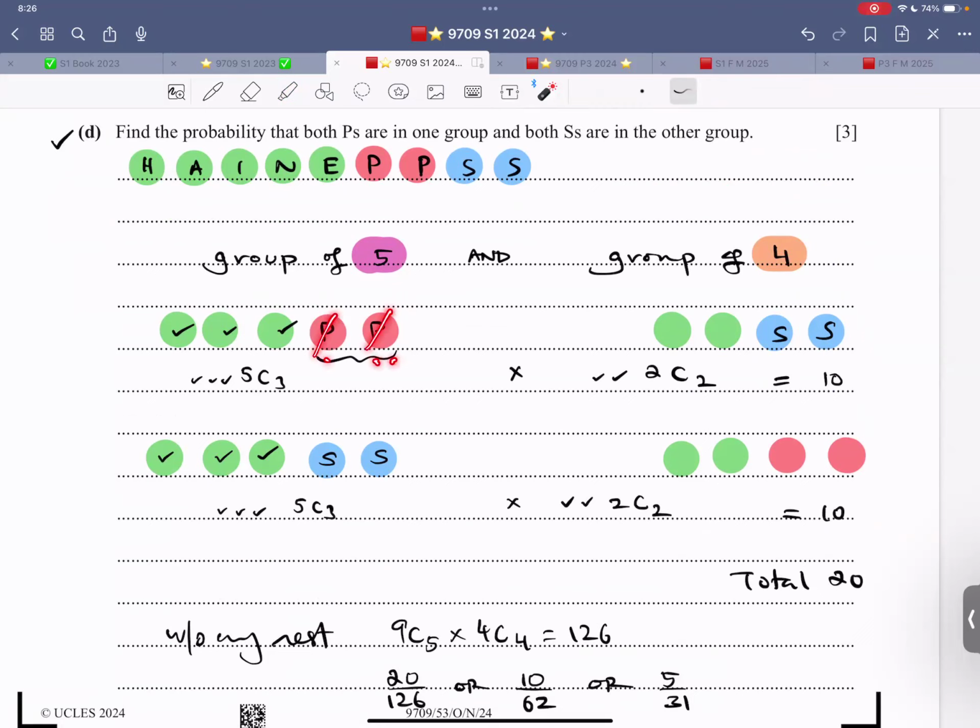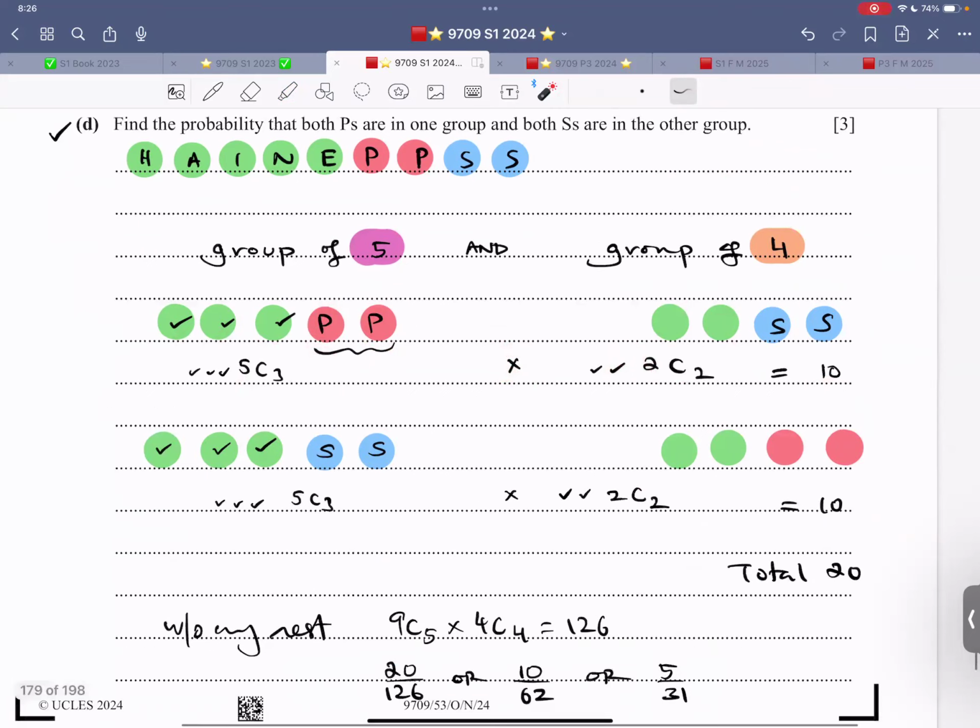So they are fixed. Select the 3 out of 5. This is selection. And don't forget, these 2 automatically get selected. So 5C3, that is it. So 5C3 into 2C2, this is 1. This is 10. 10 into 1 is 10.